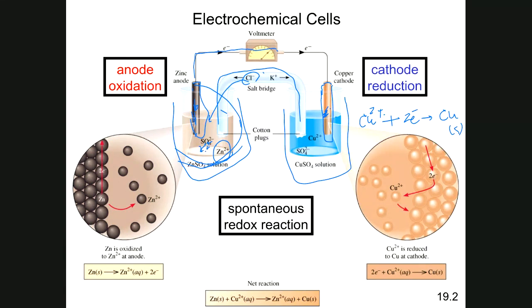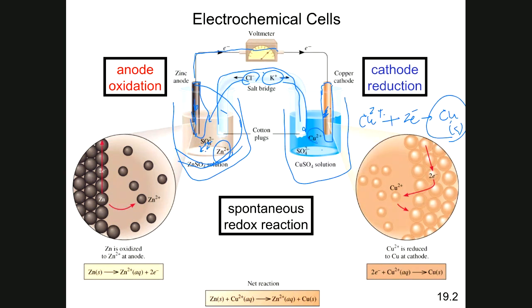What is happening in the cathode? Reduction is going to take place. So we get Cu2+ being consumed, changing to Cu. So the positive charge is going to decrease in the solution, and because we want to maintain the positive charge, the K+ potassium ion from the salt bridge is going to move to the cathode area to compensate for the loss of the plus charge, because the plus charge is changing to a neutral or zero charge for copper.